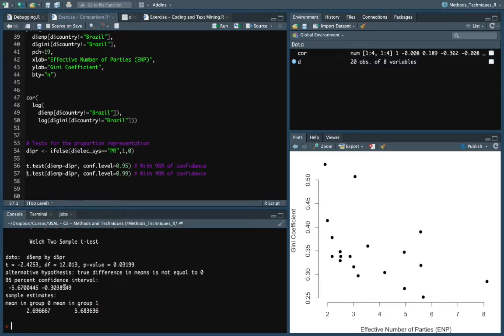So it would be between 0.3 parties and 5.7 parties. So it would be a huge difference.